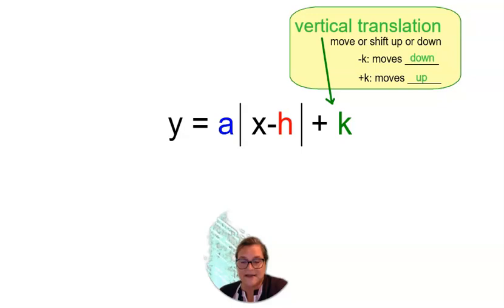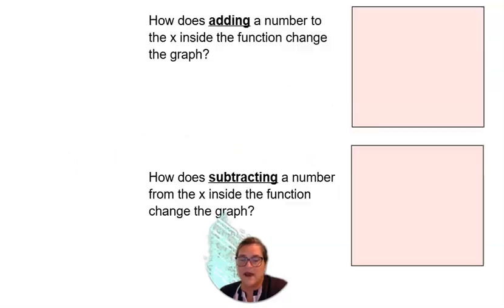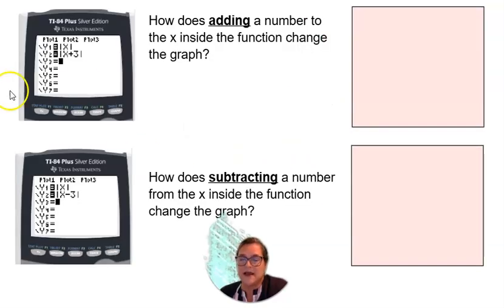Okay, next, let's take a look at this value h inside the absolute value function with the x. So let's see how adding a number inside the function changes that graph versus subtracting a number from inside the function with the x.